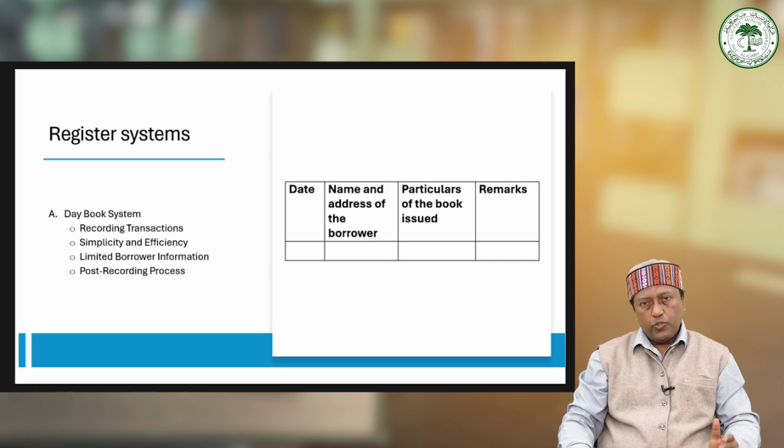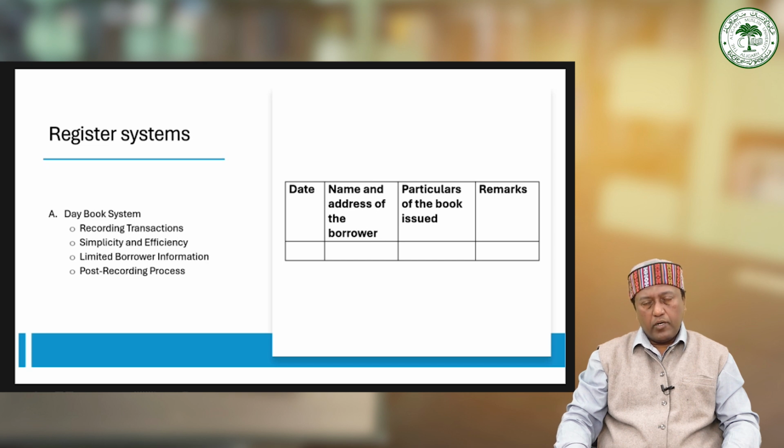The technical section is preparing the book card and the circulation section is preparing the reader's ticket. It becomes feasible that both the things are ready. But in this process, nothing is ready. The user will come with the document and you will be recording the complete information of the borrower on that page in a particular column, and then the complete information of the document also will be recorded in a particular column. And then in a remark, you will mark whether you are giving it for 1 week or for 15 days or for a month.